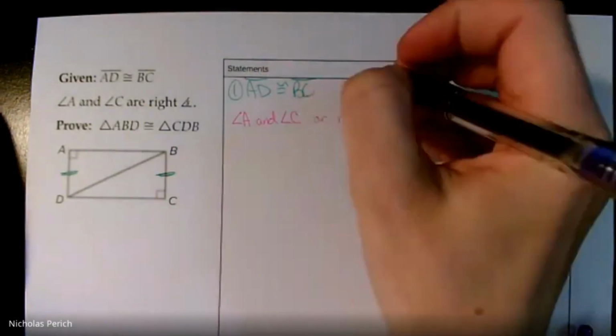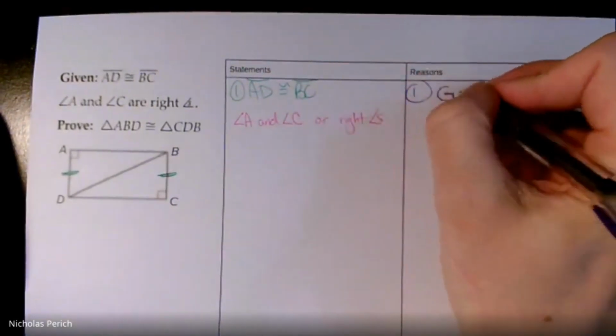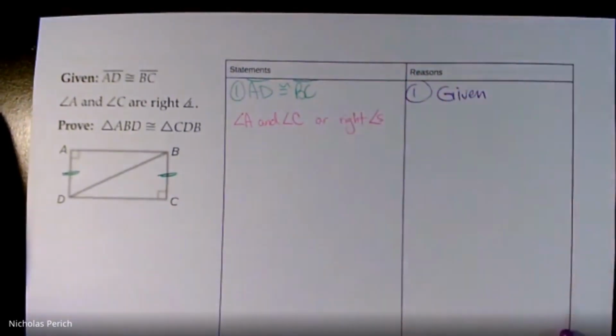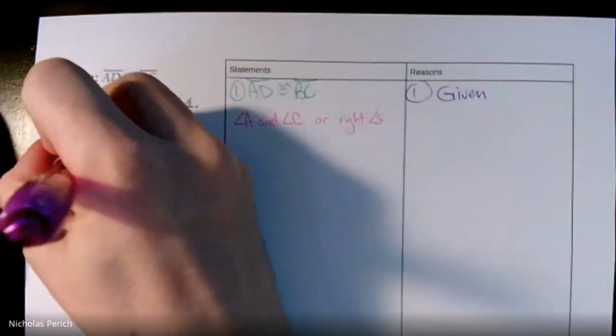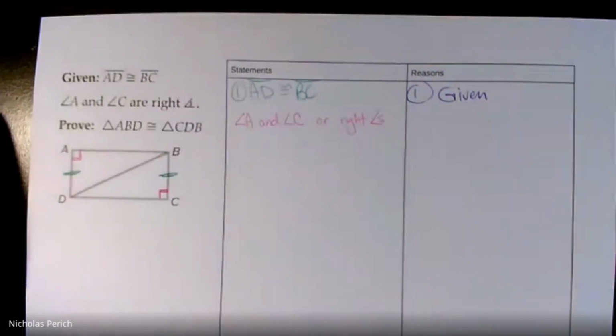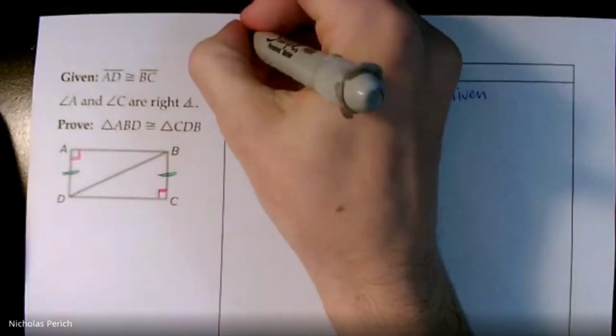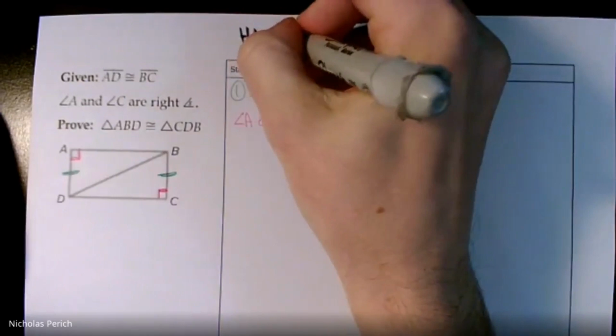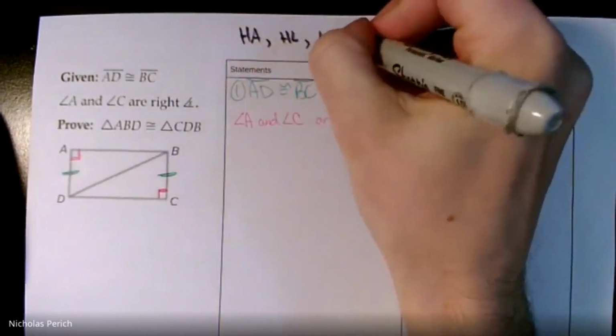That's my given. We now have information about right triangles, so I am allowed to use either HA, HL, LA, or LL.